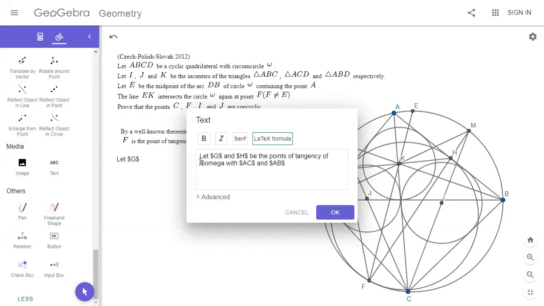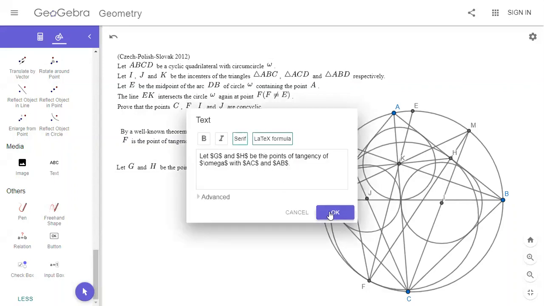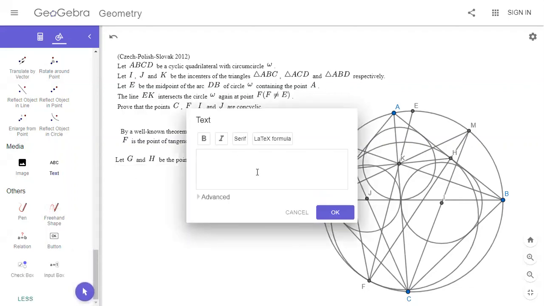All right. And then it's well known that FG and FH pass through the midpoints of arcs AC and AB. See video on my channel.